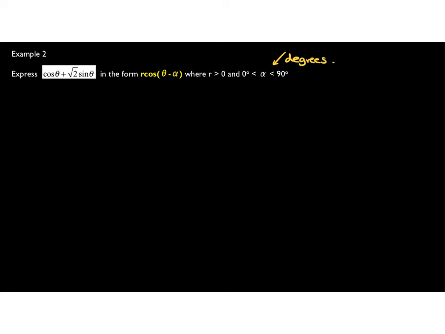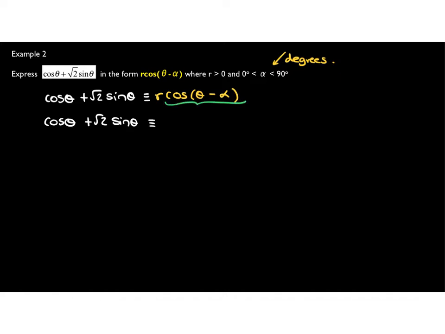Now, cos theta plus root 2 sine theta is going to be expressed as r cos of theta minus alpha. So let's use our compound angle identity to expand cos of theta minus alpha.